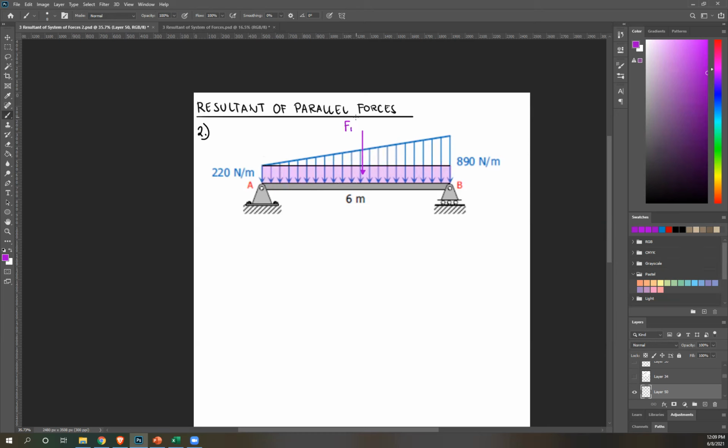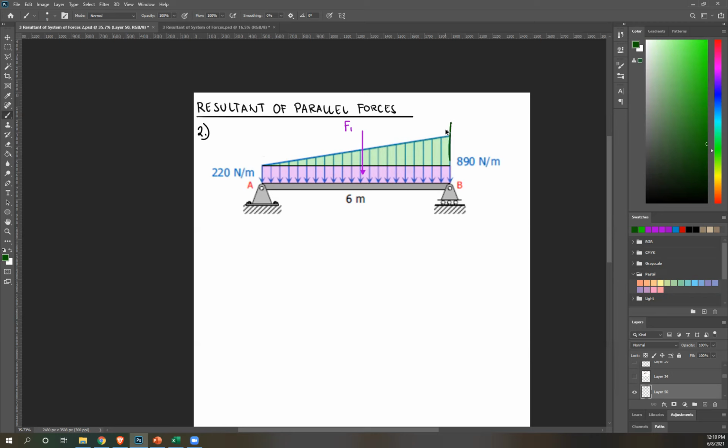And then we have another one, your triangle. Let's have a triangle. Choose a color just to distinguish our figures. The position of the resultant or point load of a triangular load diagram is 1/3 from the higher end.